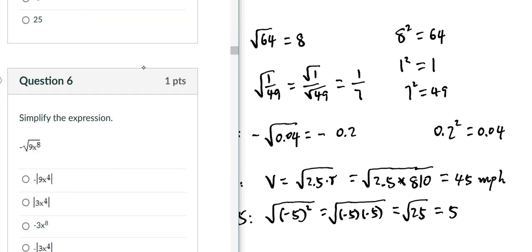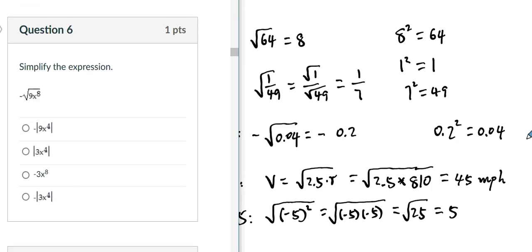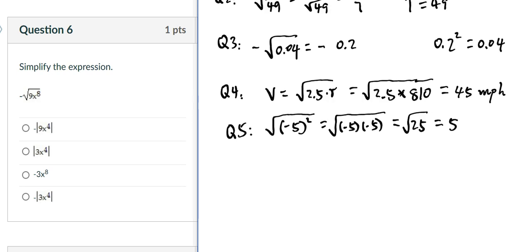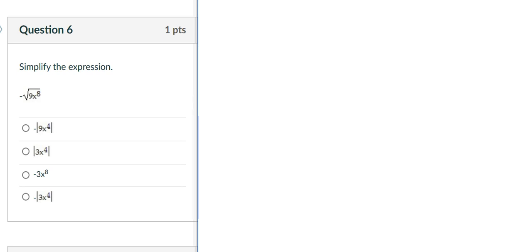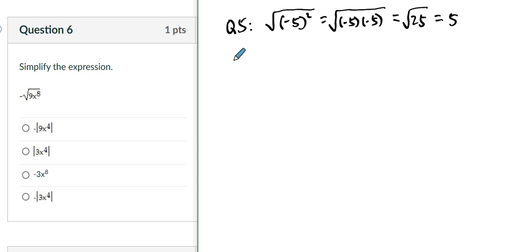All right. Now, let's look at question 6. Question 6. We have a negative in front of the radical sign. 9 times x to the 8th power.